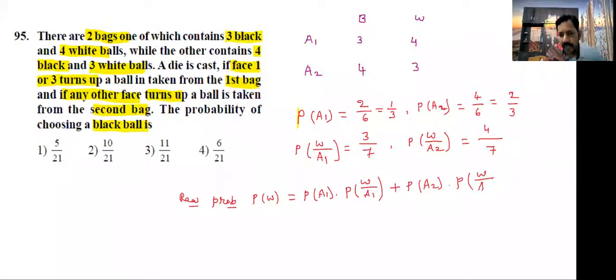First select the bag, then pick the color. What you need: P of A1 is 1 by 3, P of W by A1 is 3 by 7, plus 2 by 3 times 4 by 7. Students, here calculate: total LCM is 21. Numerator: 3, 4 2s are 8. 8 plus 3, 11. So the required probability is 11 by 21.